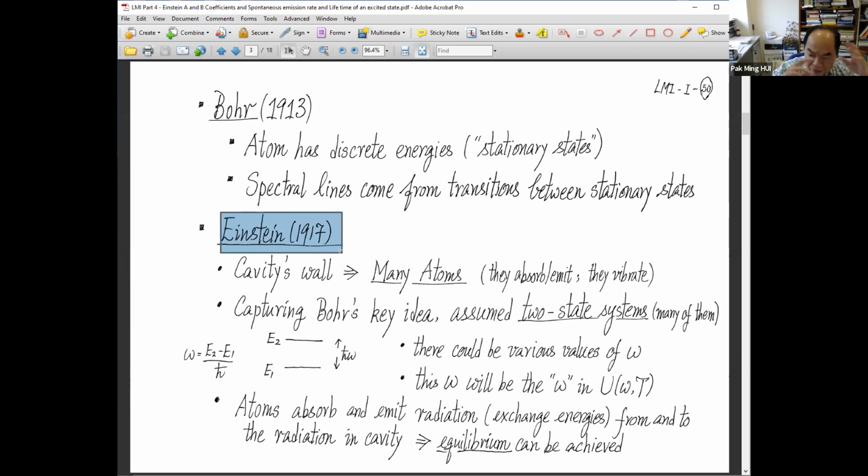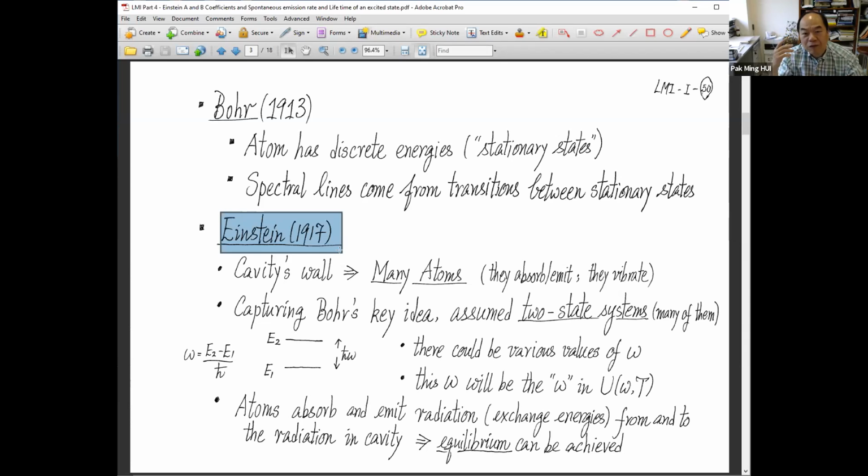So his thinking is something like the following. There's a cavity wall, there are many atoms, so those are matter. Inside the cavity is full of EM waves, the radiation part. Thereby, in this system, the atoms are constantly interacting, exchanging energy through absorption and then emission.